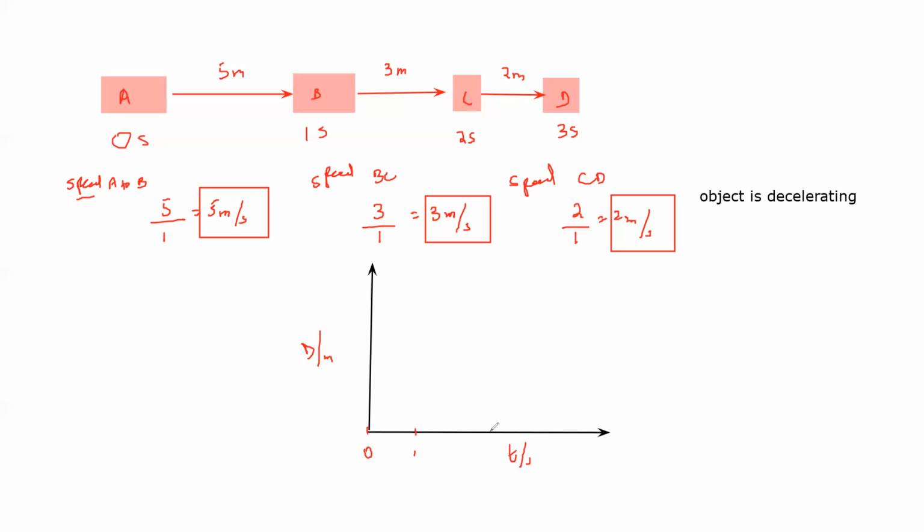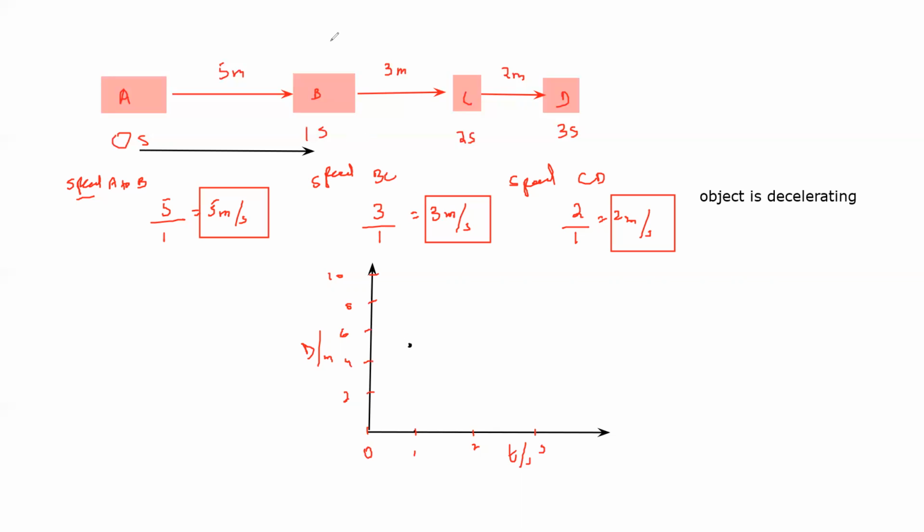So 0, 1, 2, 3, and for example 2, 4, 6, 8, 10. In the beginning, till 1 second, the total distance the object covered is equal to 5 meters. So till 1 second it covered 5 meters. So 5 will come out at this position.